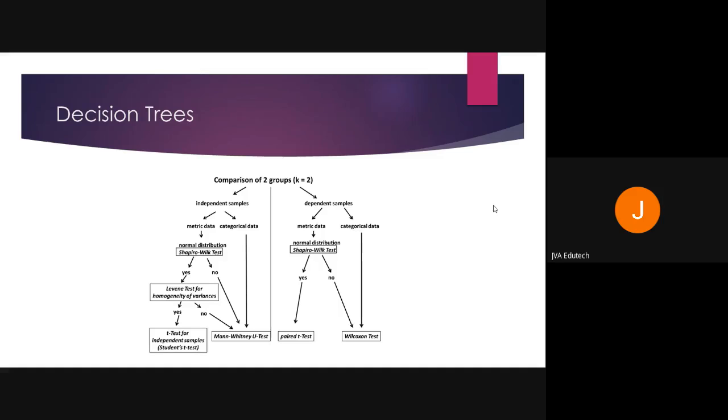If it passes the normality test, then go for Levene's test for homogeneity of variances. However, if all other cases are successfully met and Levene's test of homogeneity of variances is not met, then there is nothing to worry about. The reason is that when you are doing this independent t-test, it yields two values: one case is when equal variances are assumed, and another case is when equal variances are not assumed.